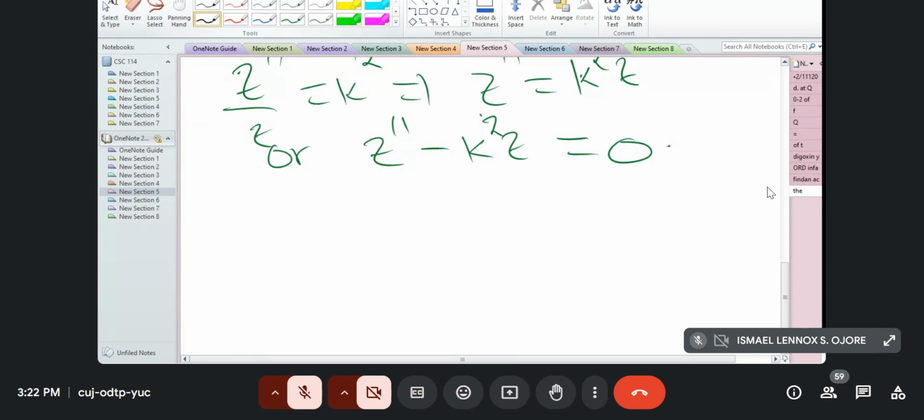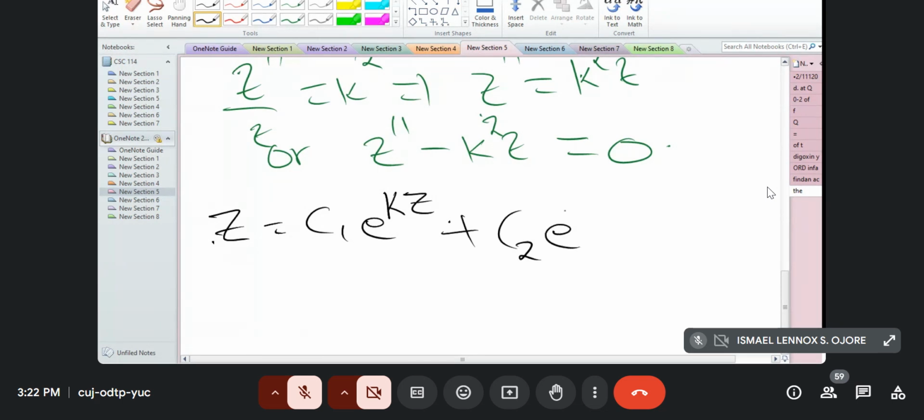Z of z is equal to C1 e to the power kz plus C2 e to the power negative kz.